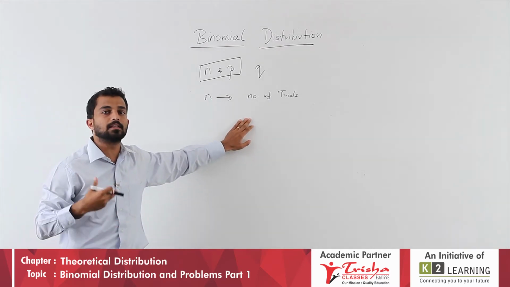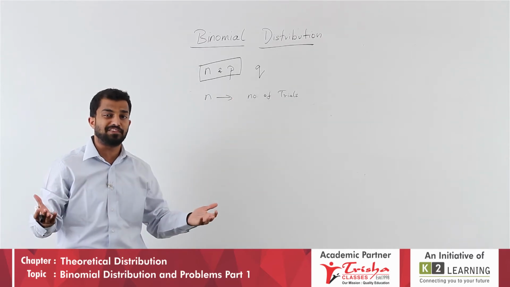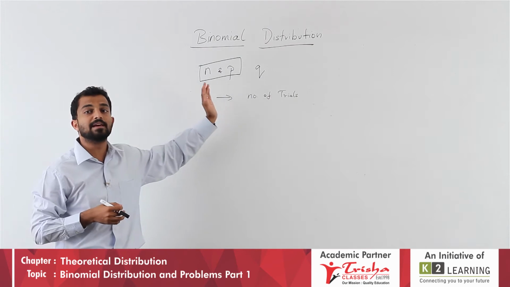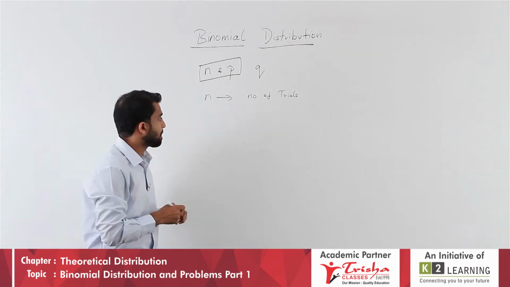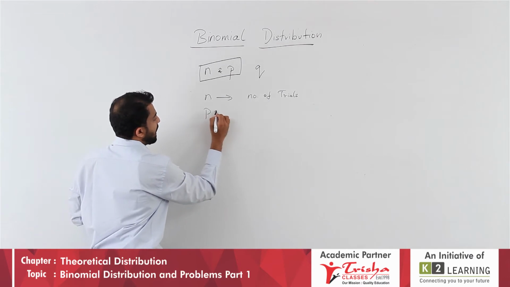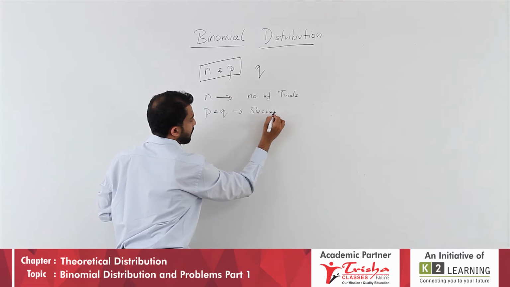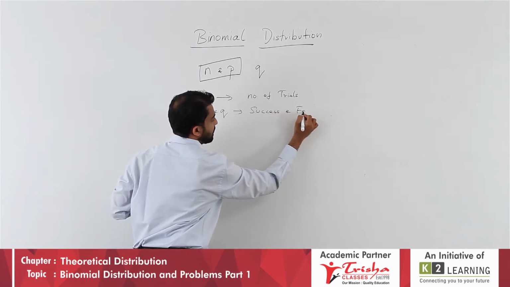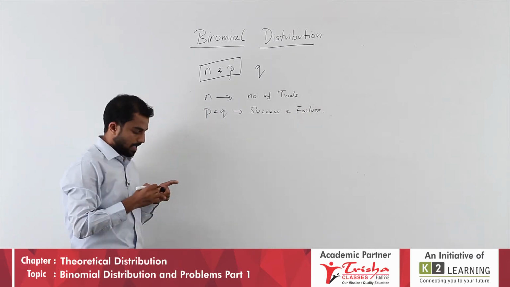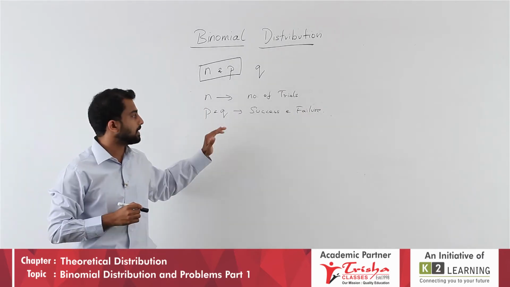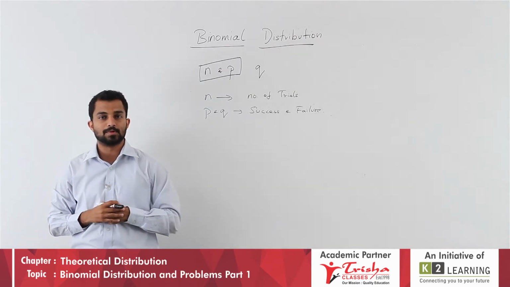We talk about tossing the coin 20 times, so n will be 20. We say a bag of 50 mangoes, that means n will be 50. In this way, n is nothing but the number of trials. Again, P and Q are nothing but success and failure itself. And the rest of the procedure we will look at when we go through the binomial distribution.